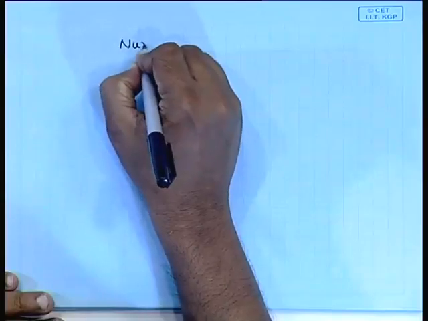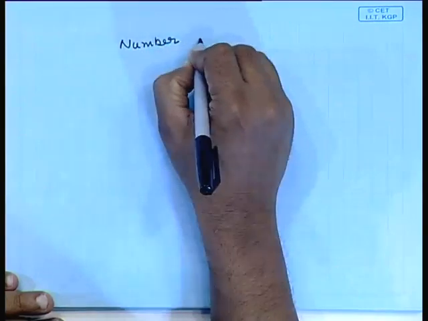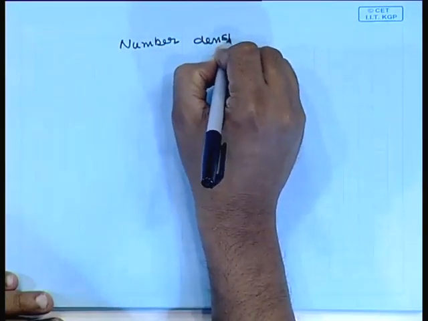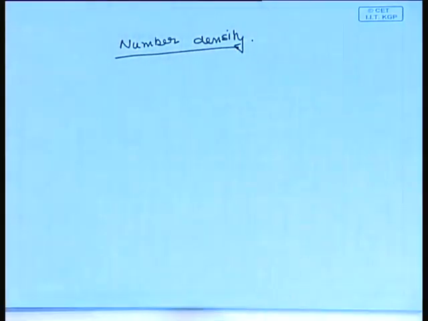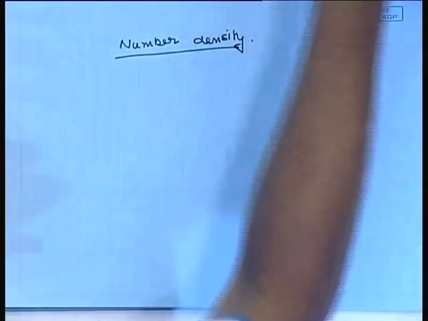Now the next thing that we shall look at, so we have worked out the energy density, is the number density of CMBR photons. So how do we calculate the number density?